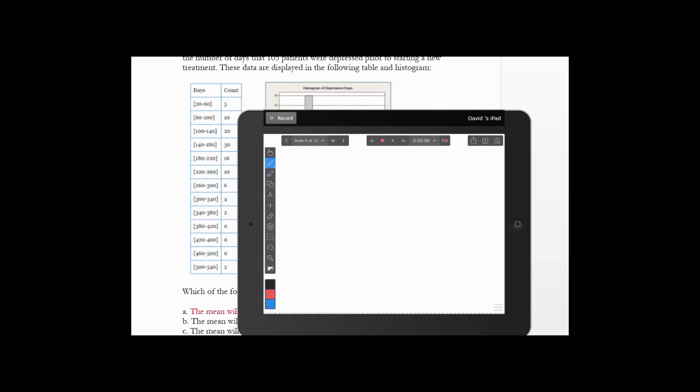So anytime you have a distribution that looks like that, then the mean and the median and the mode are all going to be about the same.